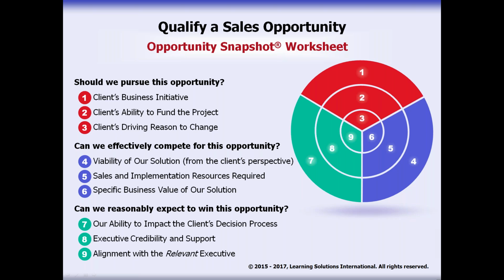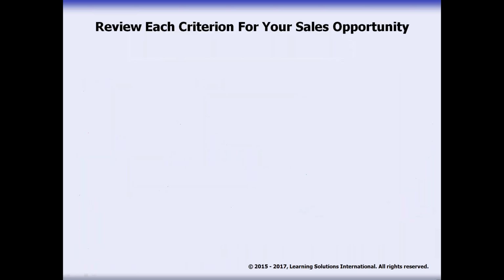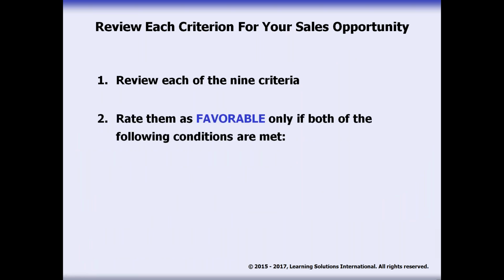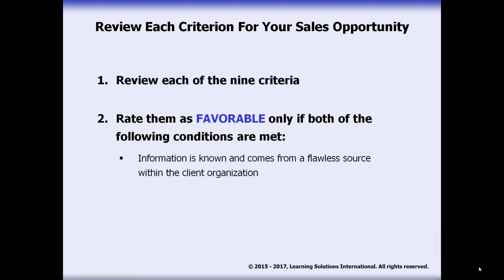So here's what we're going to ask salespeople to do for their sales opportunities. We're going to ask them to review each of the 9 criteria, and to rate them as favorable, and in effect color them in, if both of the following conditions are met. Number 1, the information is known and comes from a flawless source within the client organization. It's not something they thought about in the elevator on the way up to discuss this with their sales manager.